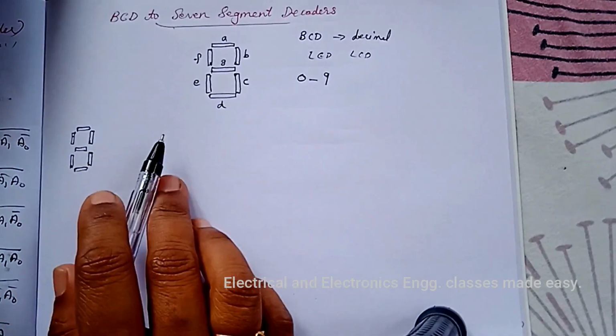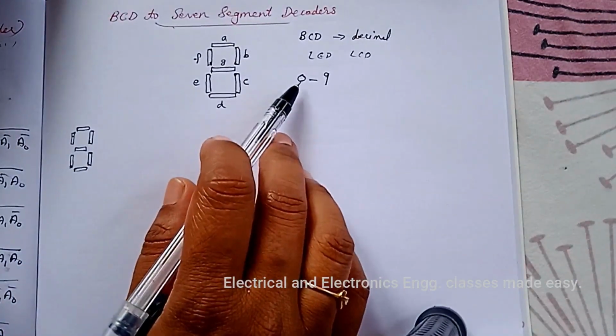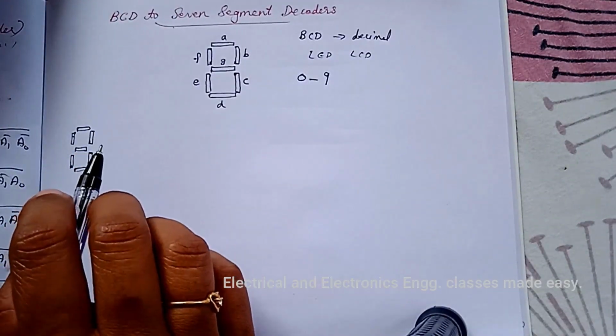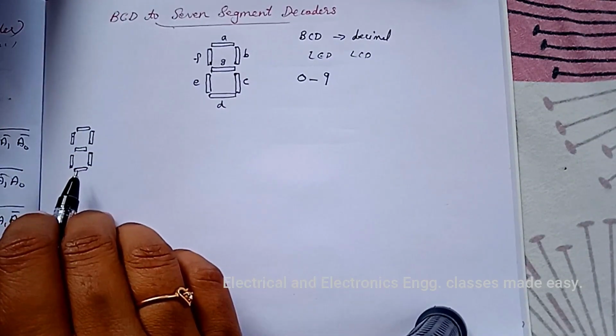So let us check how the numbers 0 through 9 will display in a 7 segment display.